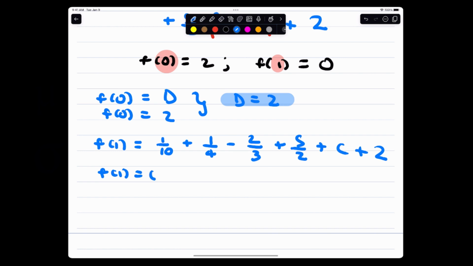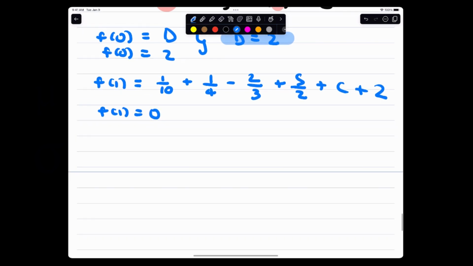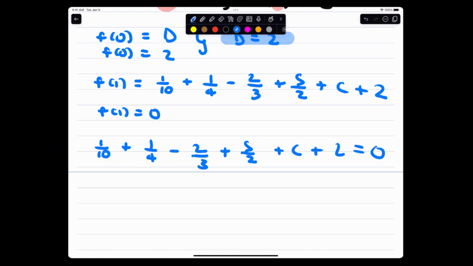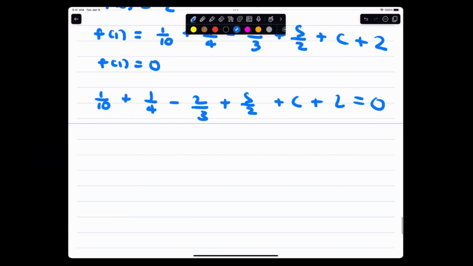F of 1 is actually 0. So you might say that means 1/10 plus 1/4 minus 2/3 plus 5/2 plus c plus 2 is 0. Gotta solve for c. Oh man, what a nightmare.